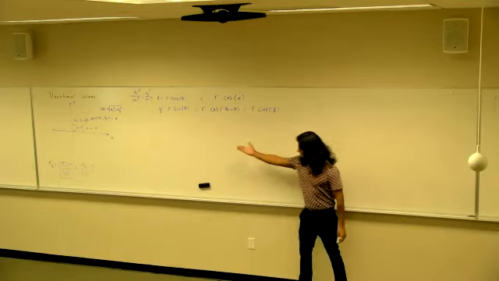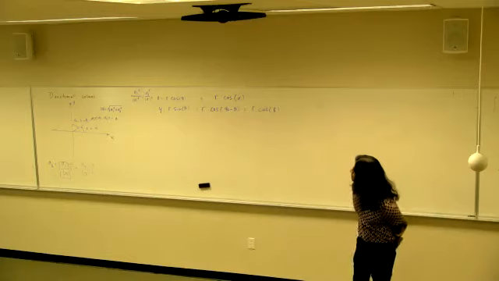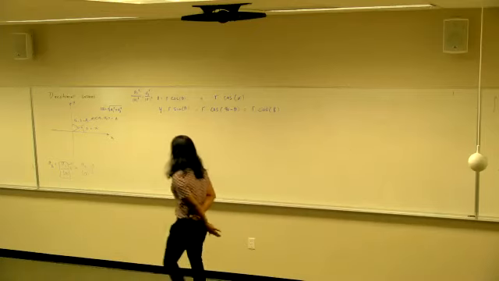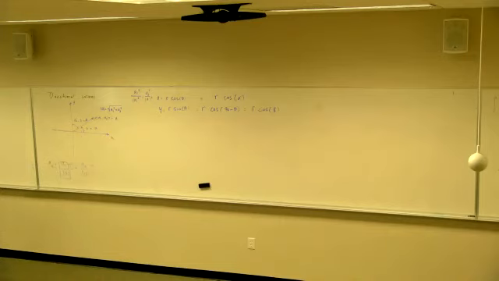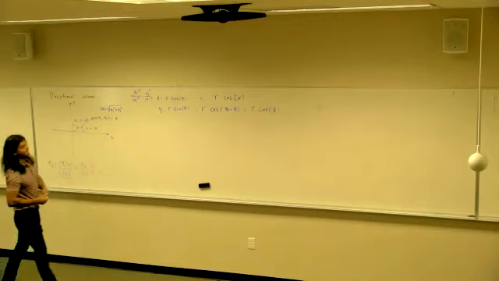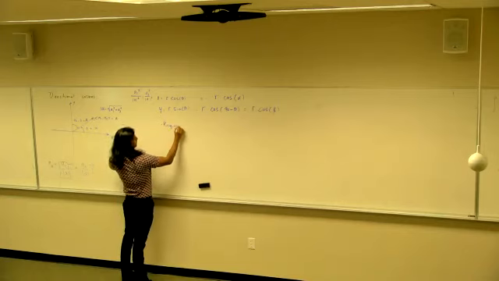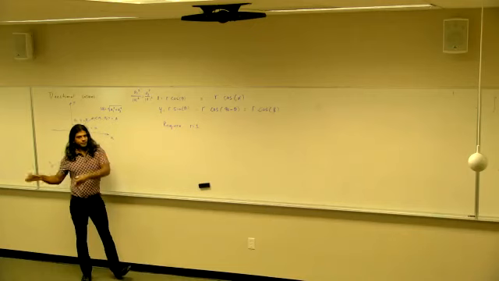I already made the connection between r from polar to regular 2D space. What is r corresponding to that vector? The magnitude of the vector. And I wanted r equals 1.